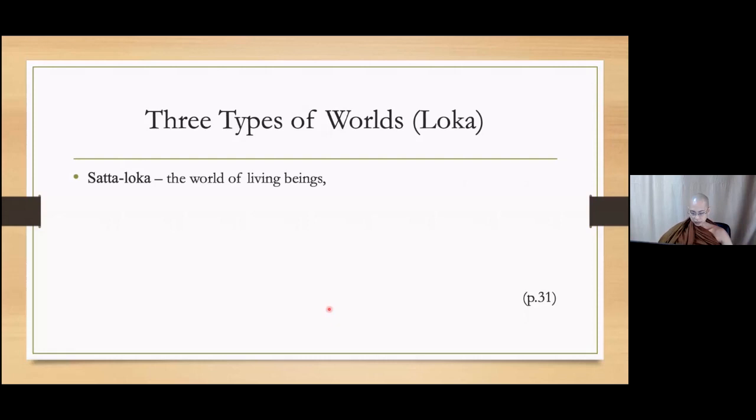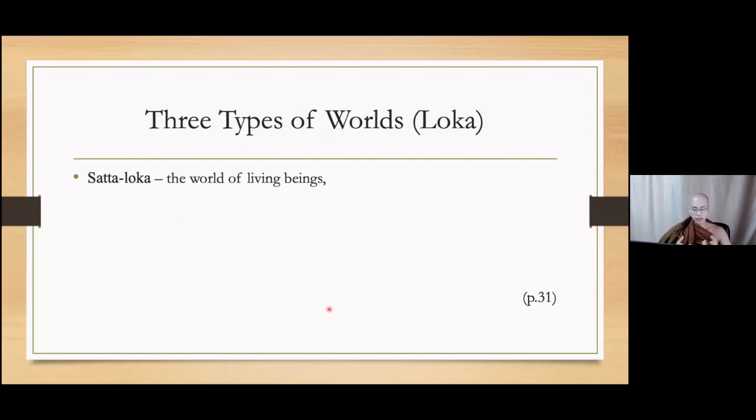The world of living beings refers to living beings. A living being is nothing but the process of mentality and the process of materiality coming together. They are called living beings. If we analyze the living beings, we get the process of mentality and the process of materiality.